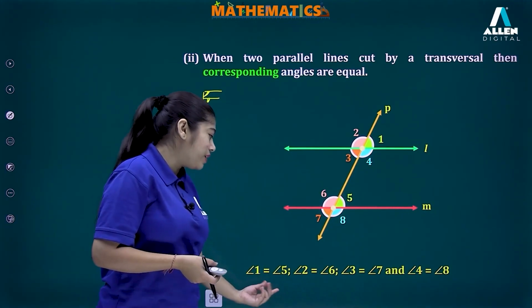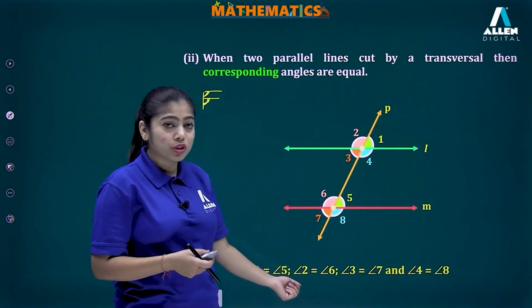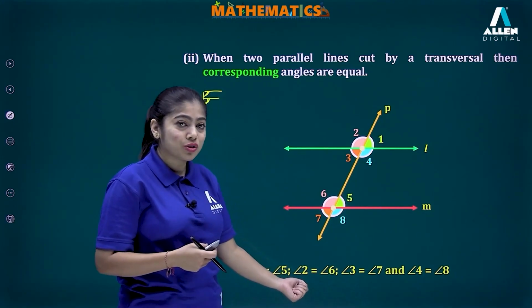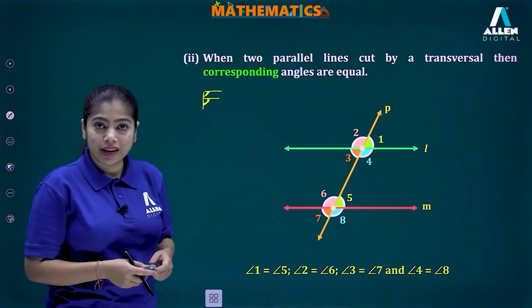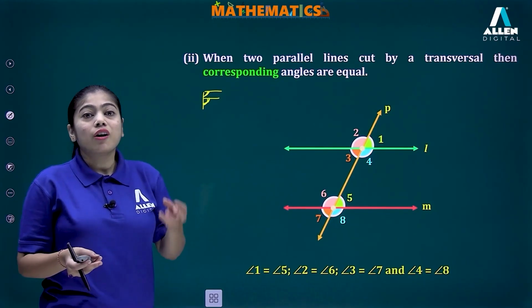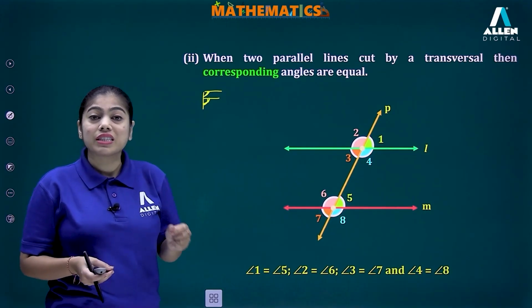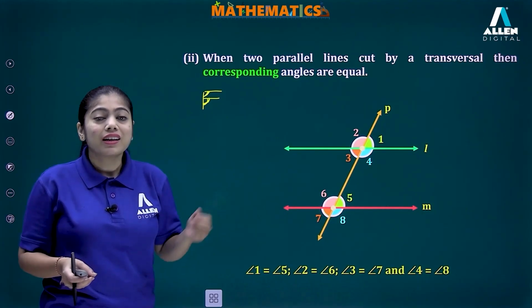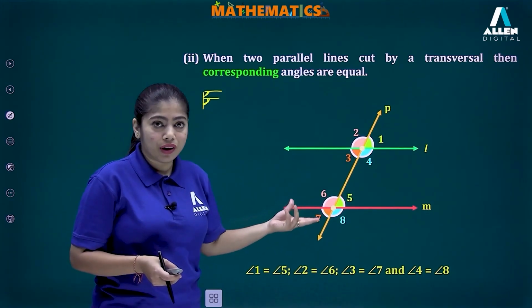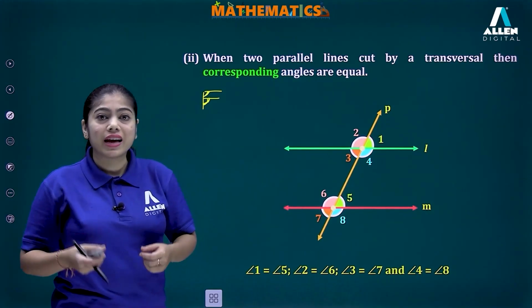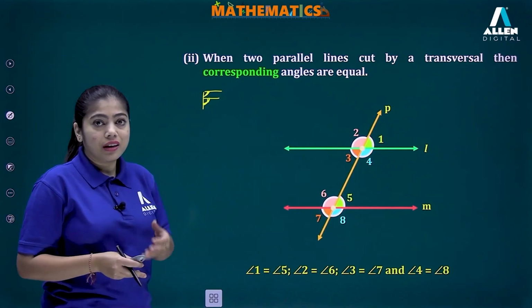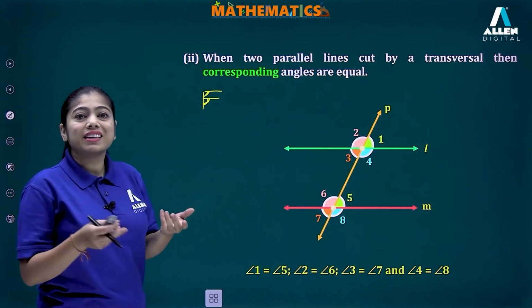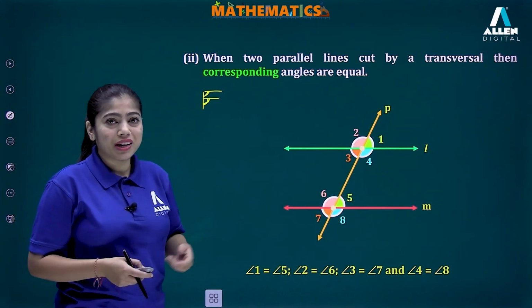So here angle 1 equals angle 5, angle 2 equals angle 6, angle 3 equals angle 7 and angle number 4 equals angle number 8. So this is the second property of parallel lines and transversal which says that if the lines are parallel, then corresponding angles are equal. And how to identify whether the angles are corresponding or not? You just check whether they are forming F. If they are forming F, then yes, the angles are going to be corresponding angles.